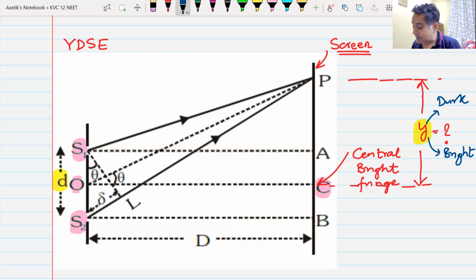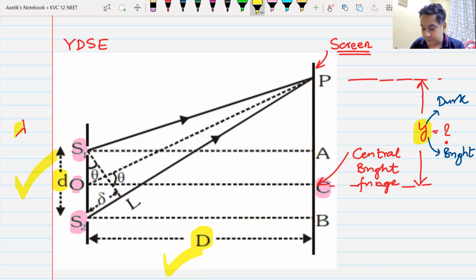Now we should get this value of y in terms of the things that are known to us. What are the things that are known? One is the distance small d between the slits. Number two is the distance capital D between the slits and the screen. The third is the wavelength of the light, because it's monochromatic light and only has one wavelength.